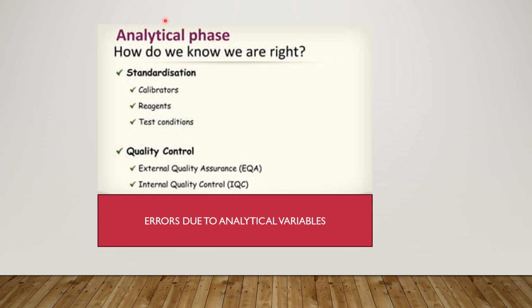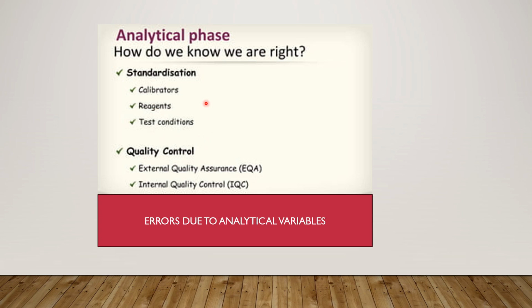So in the analytical phase, how do we know we are right? It requires proper standardization of the system, the instrument, and the method which we are going to choose for sample running. Then there should be proper calibration of the instruments on which we are conducting the experiment. Then reagents: they should be quality reagents, they should not be expired, and they should be properly kept as per the protocol.